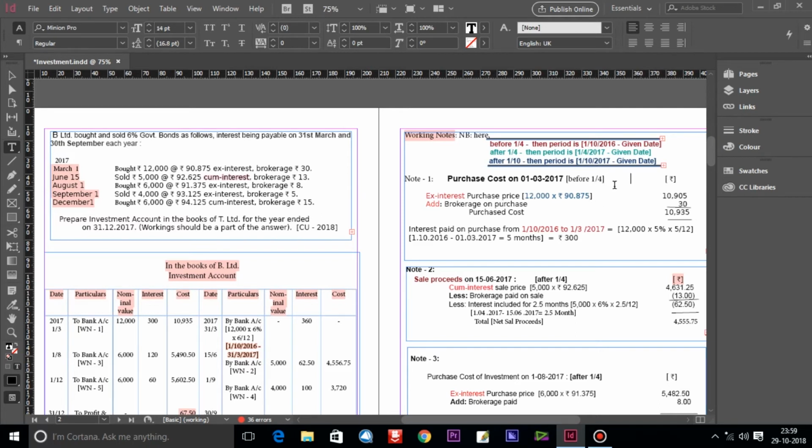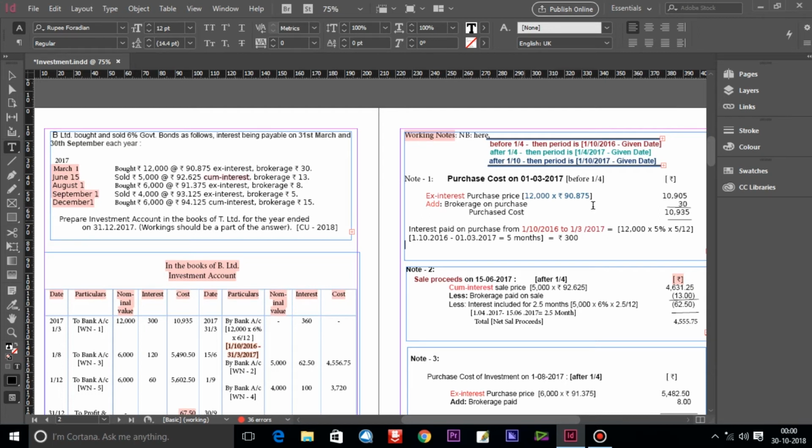Therefore, let us look at the picture given on your right side. Purchase cost on 1/3/2017. It is happening before 1st April. Therefore, we have to take the period 1/10/2016 to 1/3/2017.